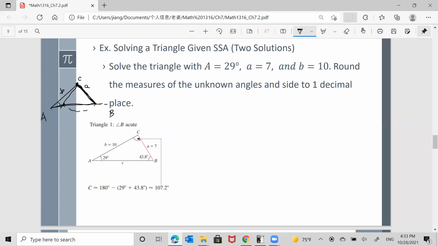So this is a triangle, or I can create this triangle. We have 2 cases. So let's see why this question has two cases, and let's solve this oblique triangle. So A is 29. A equals 7 and B equals 10.